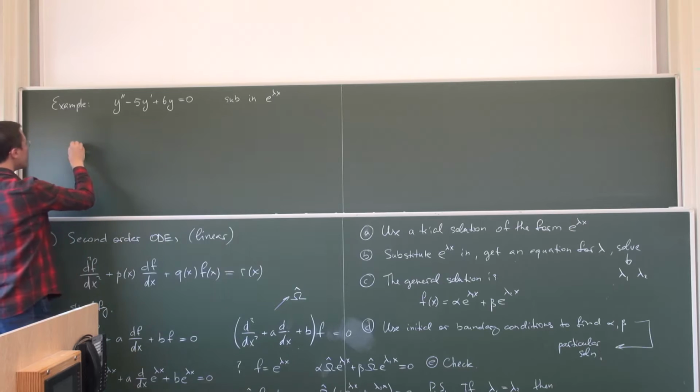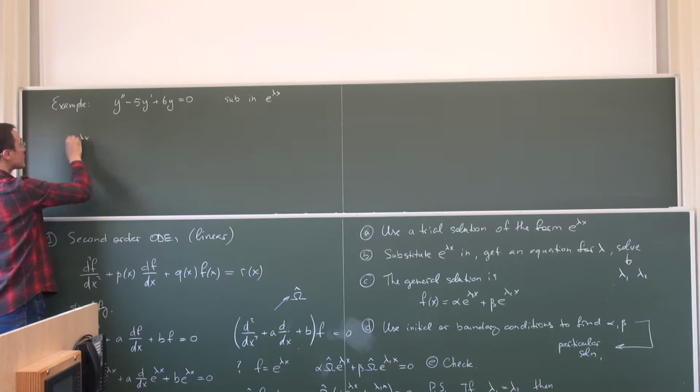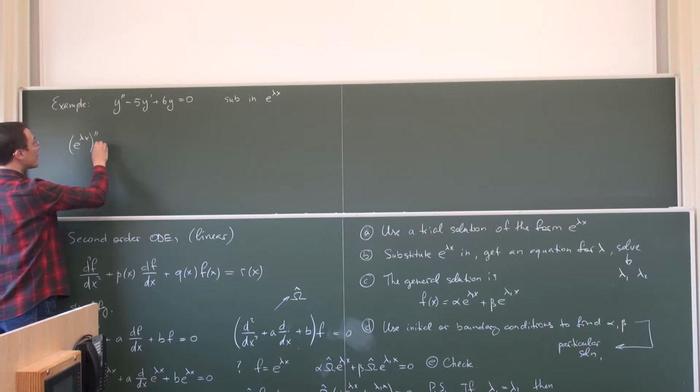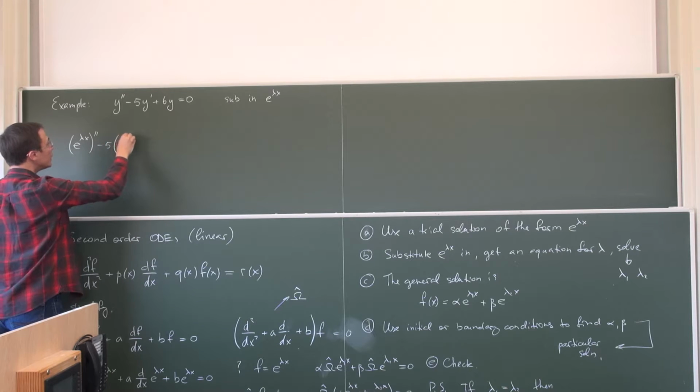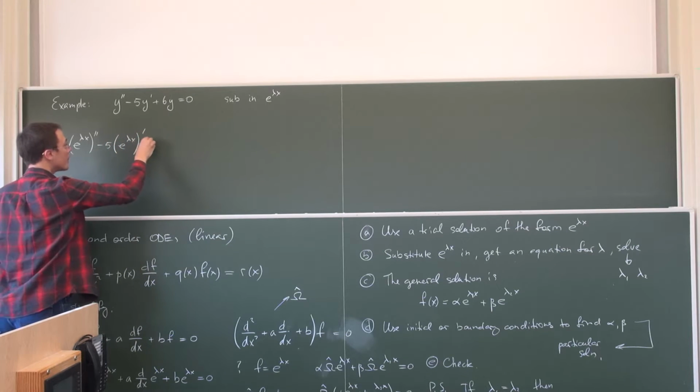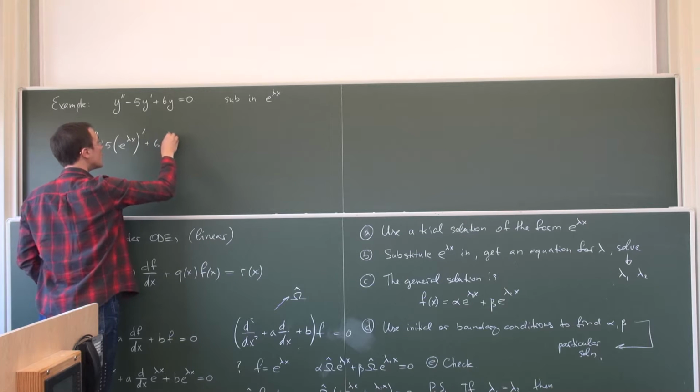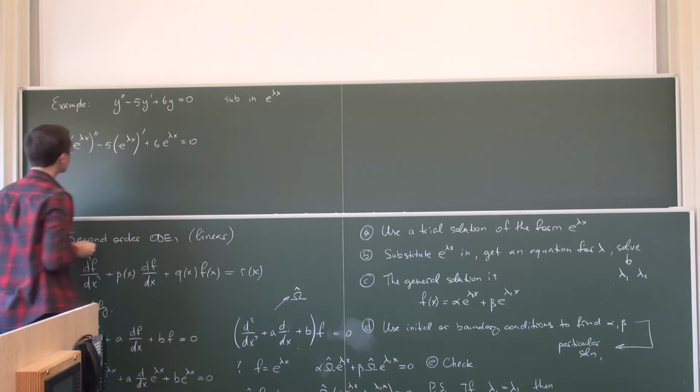So (e^(lambda x)) double prime minus 5 (e^(lambda x)) prime plus 6 e^(lambda x) equals 0.